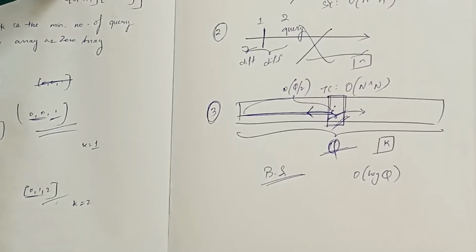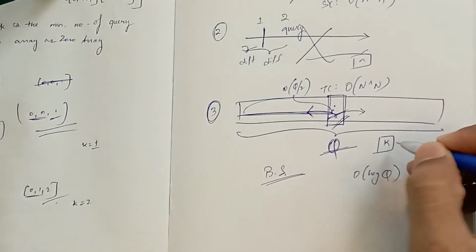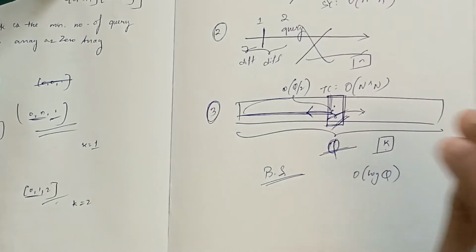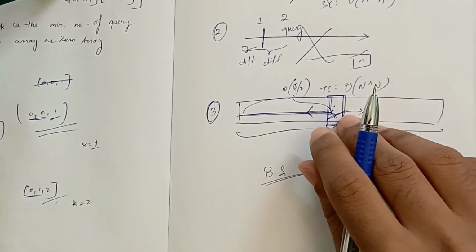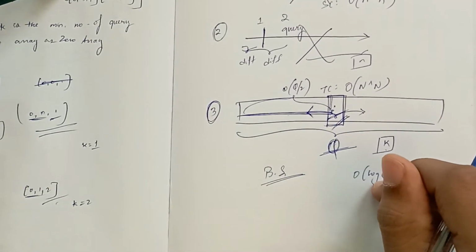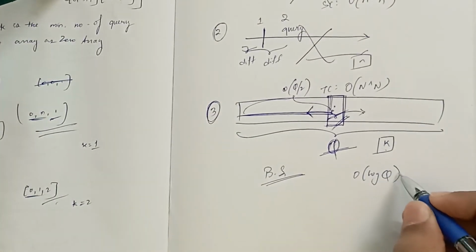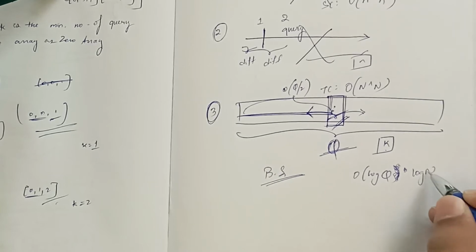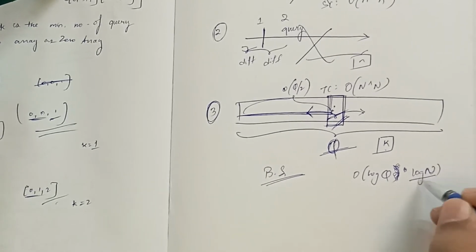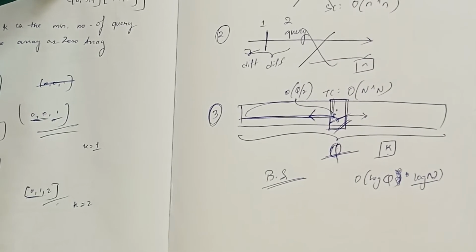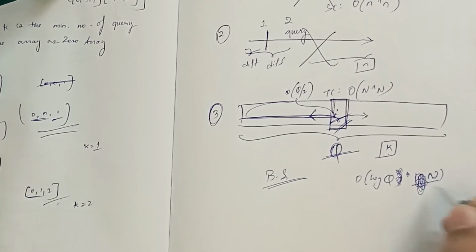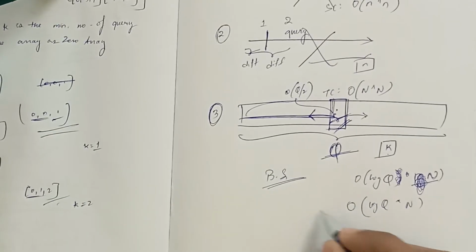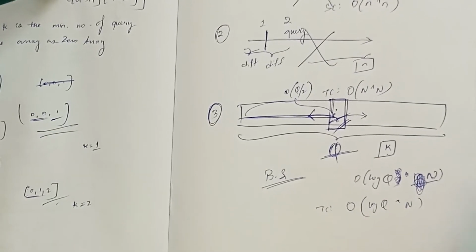And every time we get a value, we go through the difference array and the nums elements, which takes big O of n. So the time complexity we get is big O of n log q.